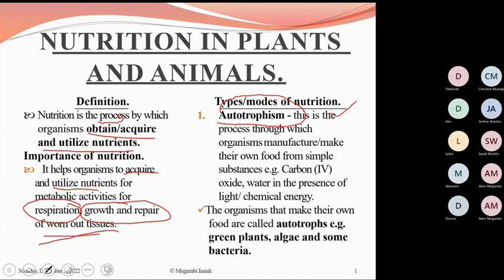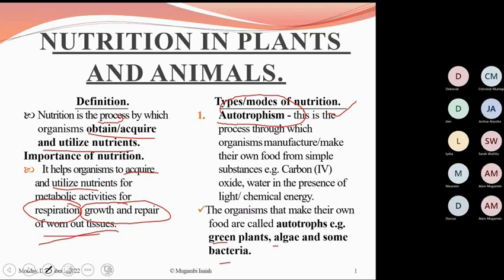So autotrophism is a process by which organisms manufacture or make their own food from simple substances. Those organisms that exhibit this mode of nutrition are what we call autotrophs, and they include the green plants, the algae and also some bacteria that are autotrophic.